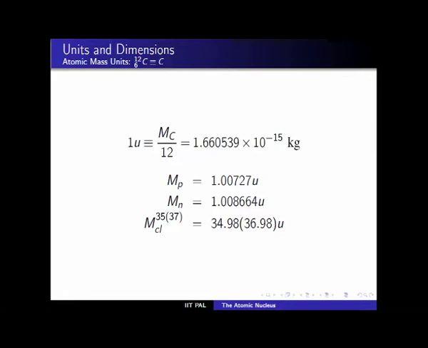Once we have zeroed in on this unit, 1 unit is equal to 1.660539 into 10 to the power of minus 15 kg. Now what do we find? My mass of the proton will be given by this number.